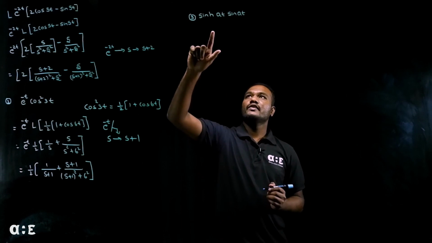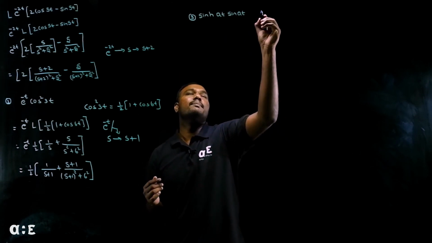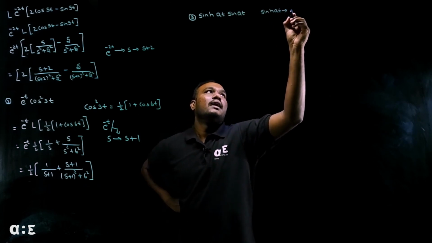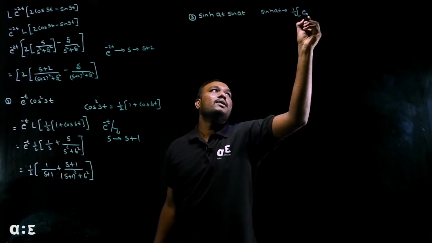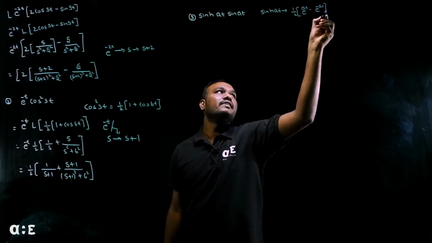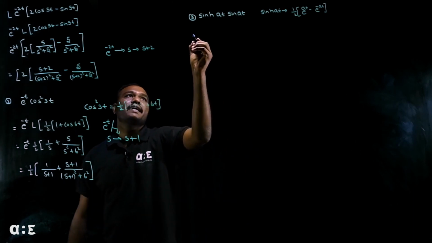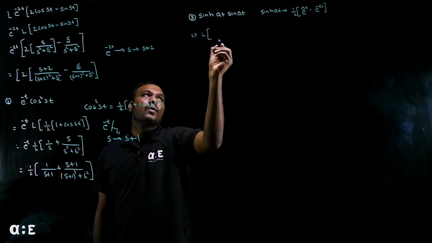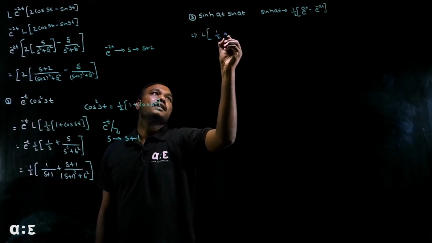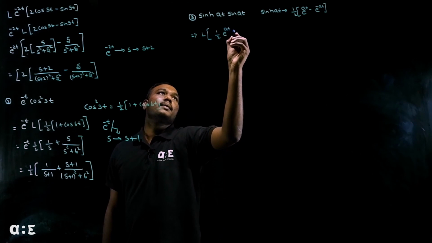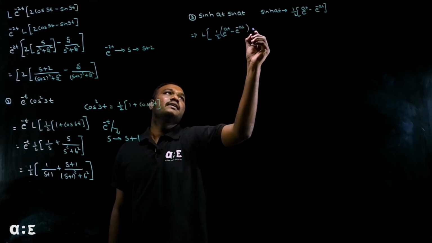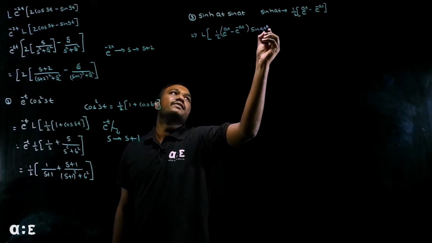So in most questions, whenever you find sinh, try to convert it into e power terms, right? Sinh at can be written as half times e power at minus e power minus at. So let's substitute back into this. We need to find Laplace of this whole term. So I'll write sinh at as half times e power at minus e power minus at, and also I need to write sin at as given in the question.